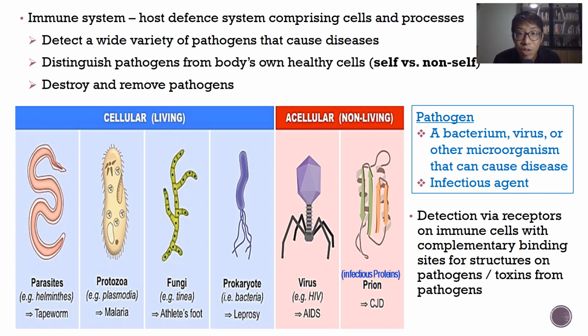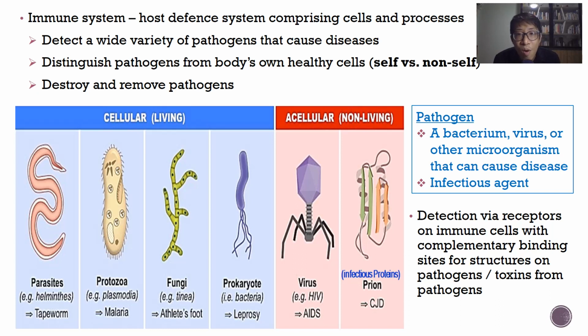So the immune cells should be able to distinguish pathogens from our own body's cells. This is described as self versus non-self. Self refers to our own healthy cells, and non-self would be the pathogens or any other things that do not belong to the body.